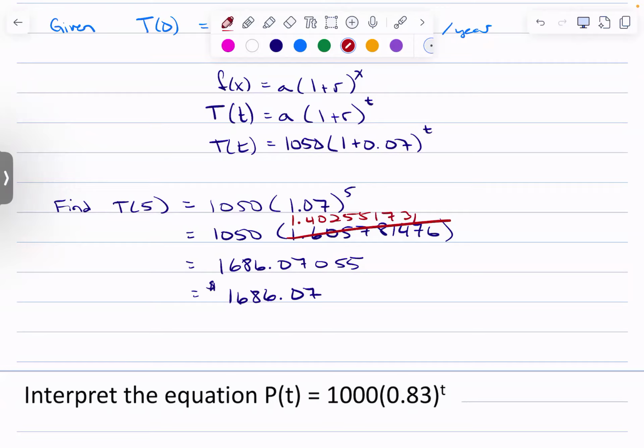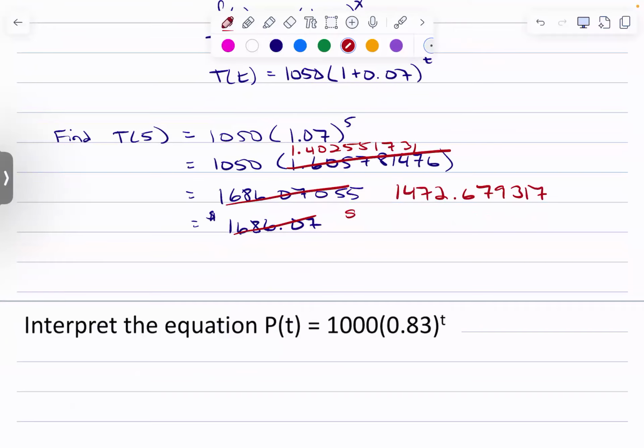Is that what you guys got for that power? Oh, times 1050. Just keeping you on your toes. Thank you. 68 pennies. Nice. Not sure what I did. I guess I could reverse engineer it, but that's okay.